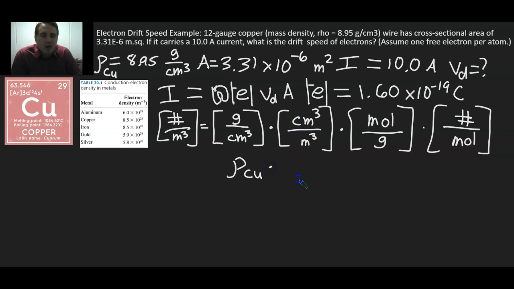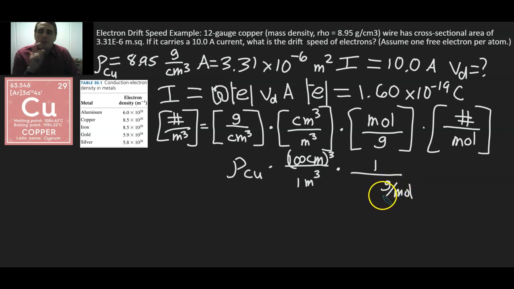So we know that 1 meter cubed, there's 100 centimeters in a meter, but it's a cubic centimeter, so we must cube this relationship. Now, often things are not expressed in moles per grams, but I think that we can express that as 1 over grams per mole by unit analysis.